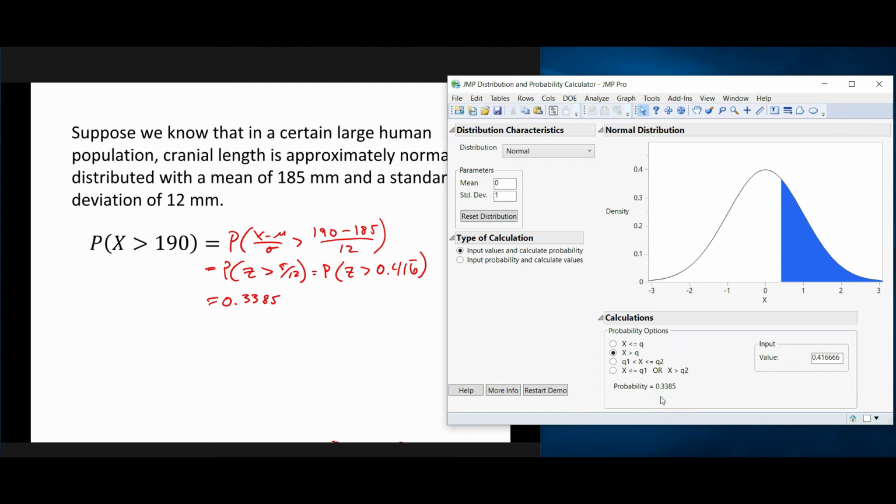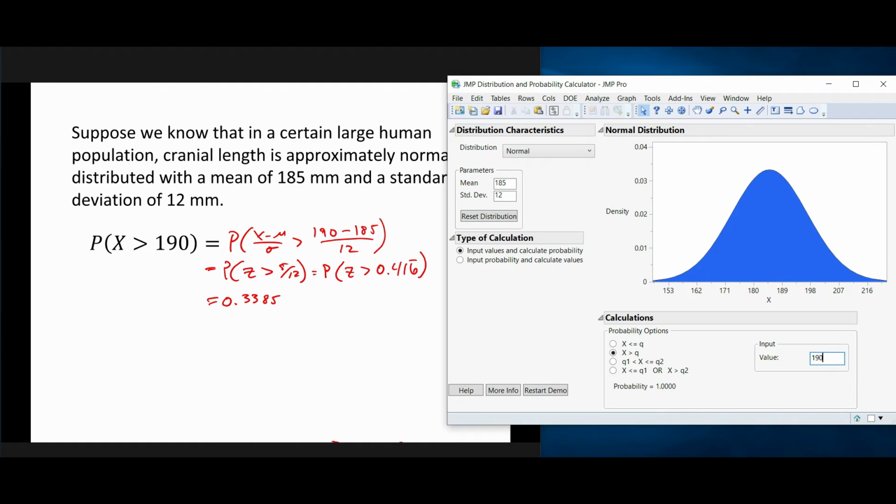So we just found that same thing, and we can check that here if we want to. We can put in the mean of that normal distribution of 185 with standard deviation 12, and then I'll put in 190 for the value that I want it greater than, and you'll see that we get the same 0.3385.